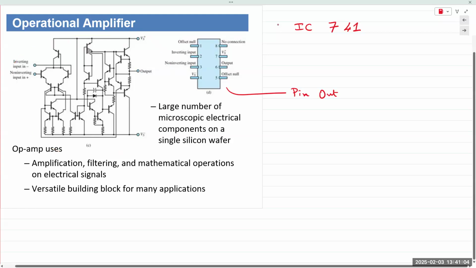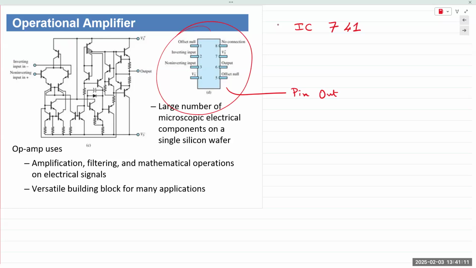And we can take this chip, add a few external components to it, and you can create multiple different applications. Okay, so we simply create this by adding external components.